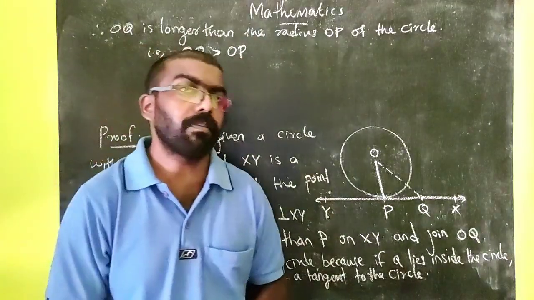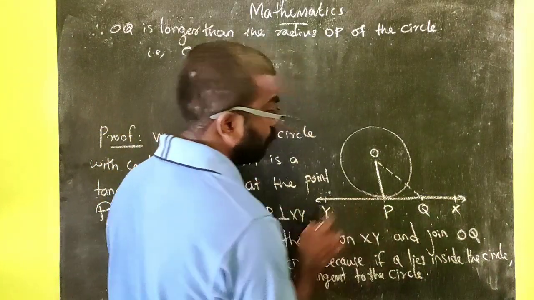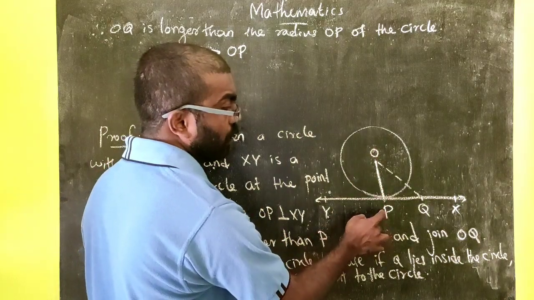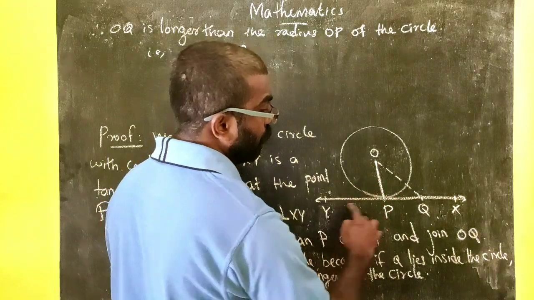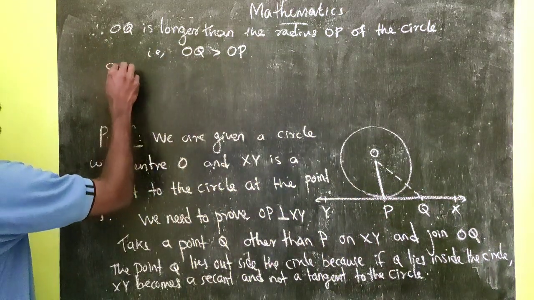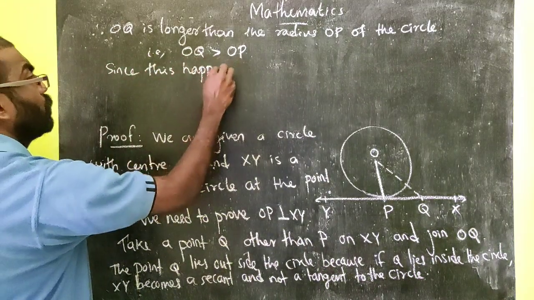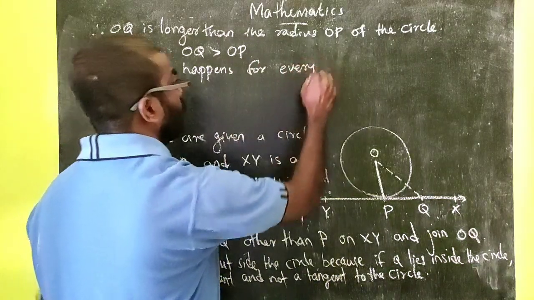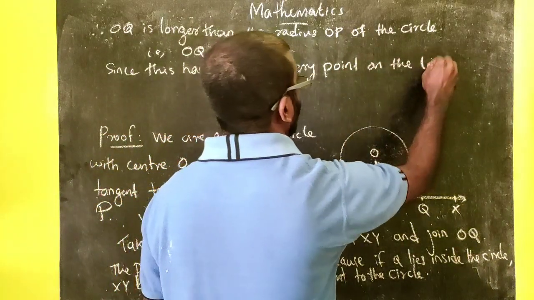Since this happens for every point on the line XY except the point P, we can say OP is the shortest of all the distances from the point O to the points of XY.